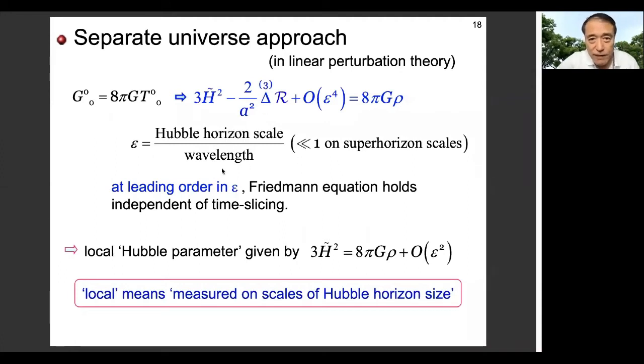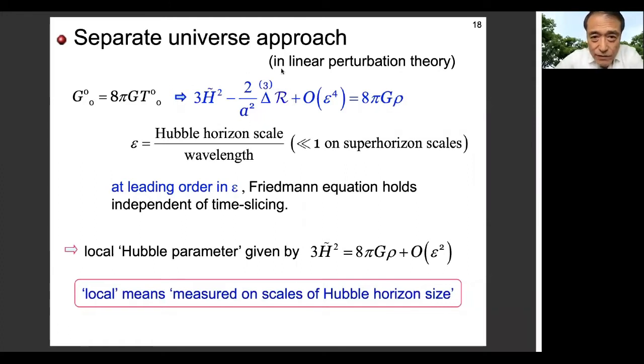Or maybe just one spatial derivative. So this Laplacian will be epsilon square. And if you ignore epsilon to the fourth, then up to epsilon square, you have this 3H squared minus this Laplacian of curly R equals 8πGρ.